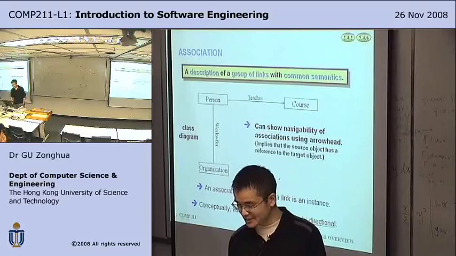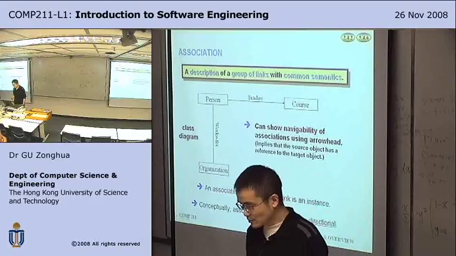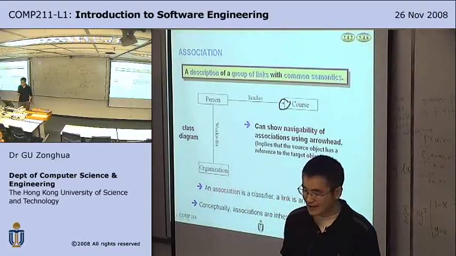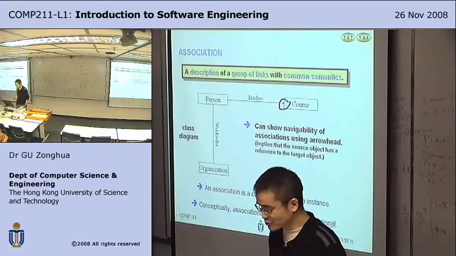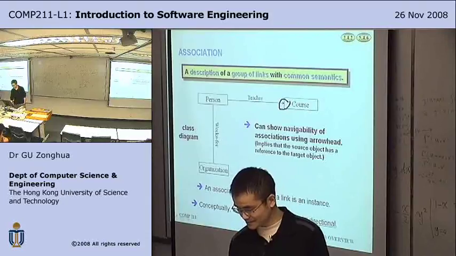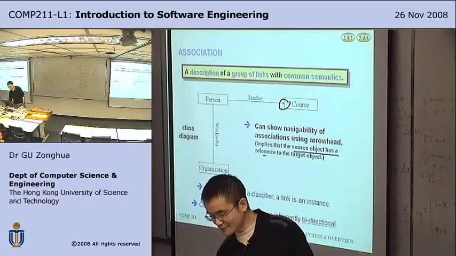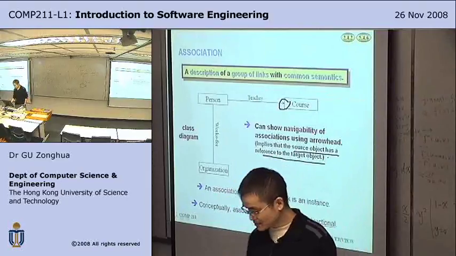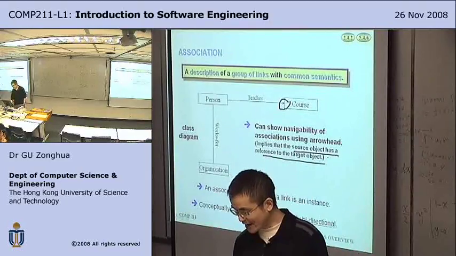That is, you can navigate in either direction. But optionally, if you draw an arrow, it means that you can only navigate in one direction. If you don't draw arrows, it means it's bidirectional. So it means that the source object has a reference to the target object at the object level. Reference meaning a pointer or a reference in Java.